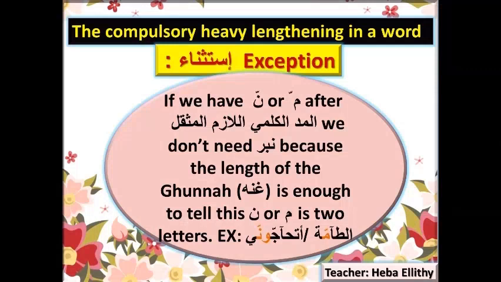I will read this word one more time and listen for the letter jim and for the letter noon and the difference between both of them. Inshallah, this is clear for you.